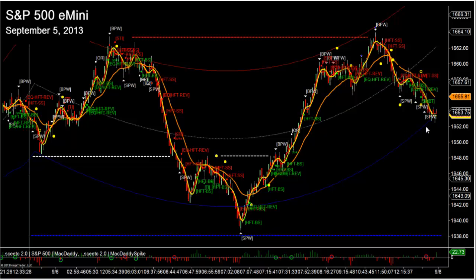We would encourage our listeners to do some investigative research on the Kalman filter and on the Gaussian regression filters. These are not simple moving averages.